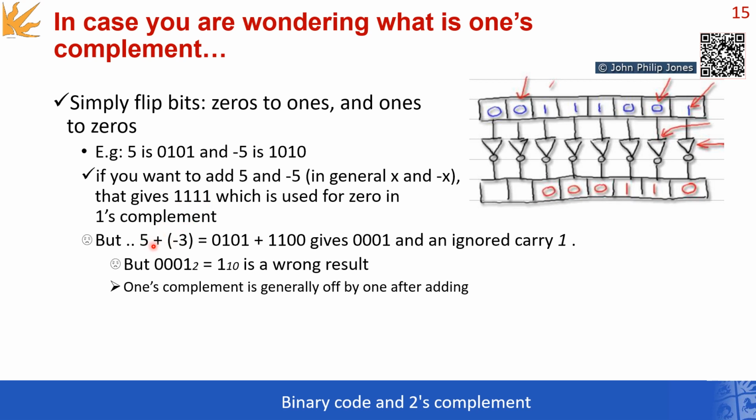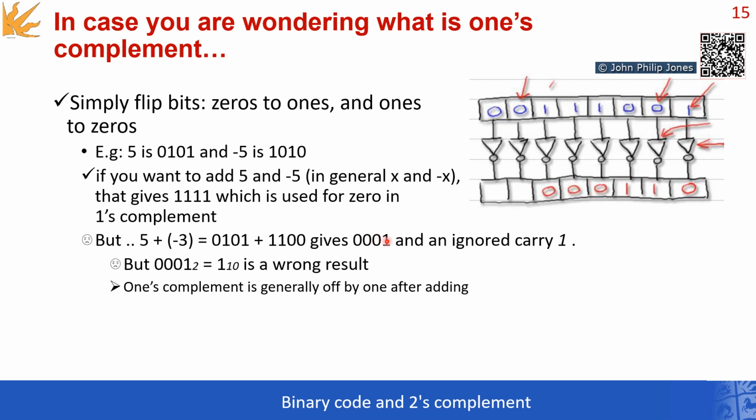Suppose that you try to add 5 to minus 3. Well, if you convert them to 1's complement, which, if you remember, is as easy as flipping all the bits of negative numbers. So normally 3 would have been 0, 0, 1, 1. So by flipping the bits, you see that the result in 1's complement is 1, 1, 0, 0. If you add those two numbers, the result is going to be 0, 0, 0, 1 and an ignored carry.